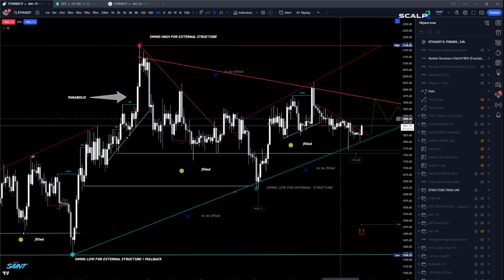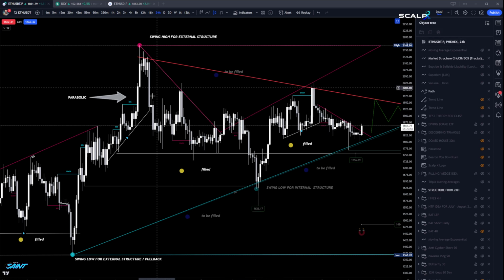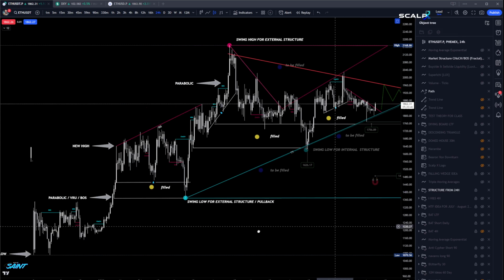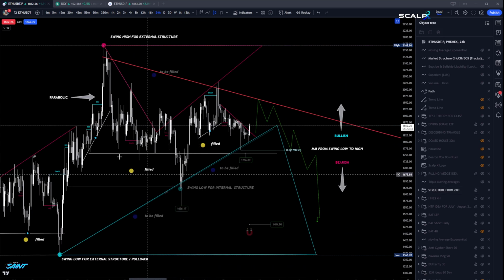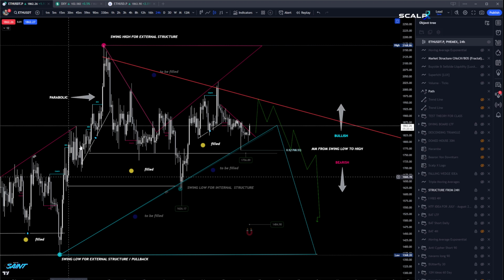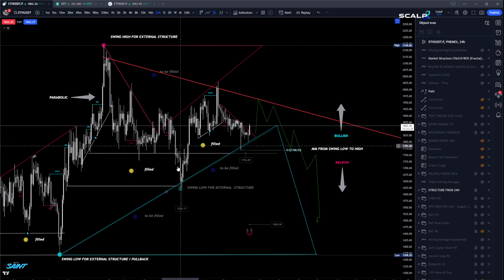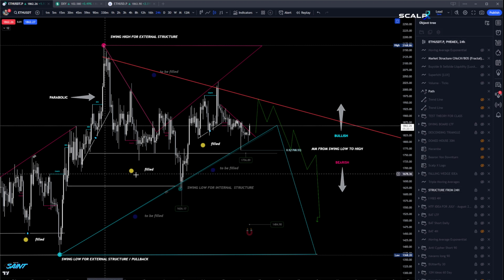Remember, gaps, holes, things that make weird looking shapes, these are imbalances. So when you scroll back and you look, this is filled because look, we went up and it created this little gap of area, but then price came right back down. You see these strong candles? It fills this whole thing. It's filled.